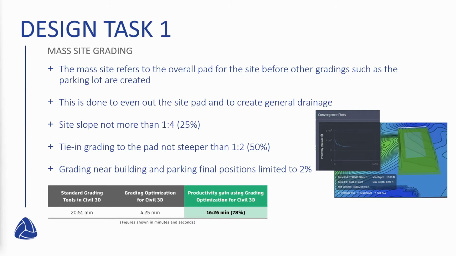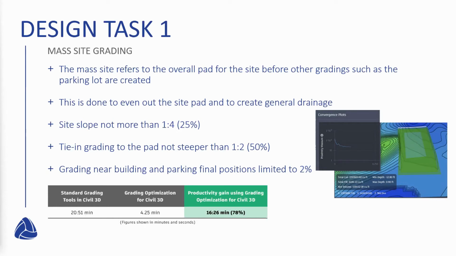So when setting up these aspects, as seen on the side over here, the entire site slope is set to be not more than 1 in 4, that is rise over run. That is a 25% site slope, so it cannot exceed that. It can be anywhere between 0% and 25%.